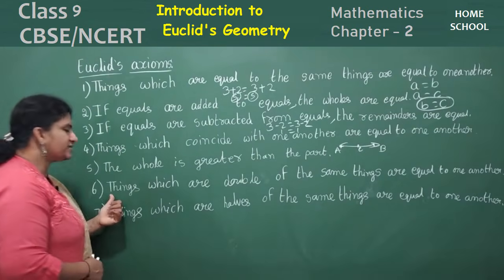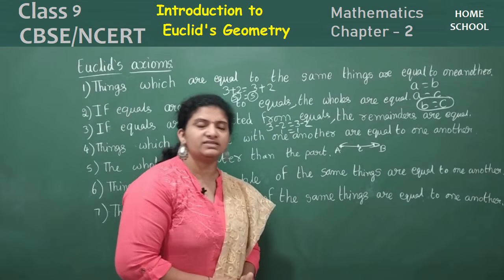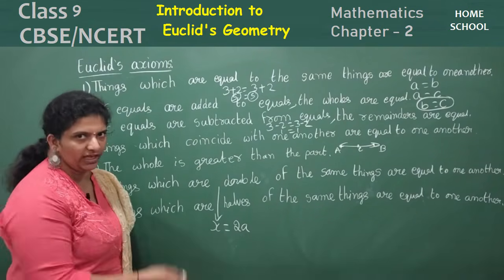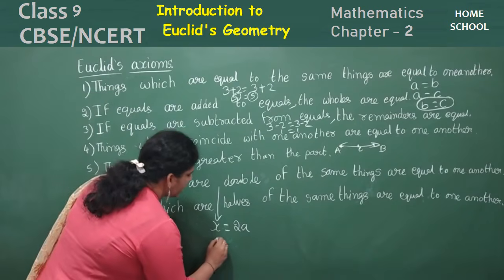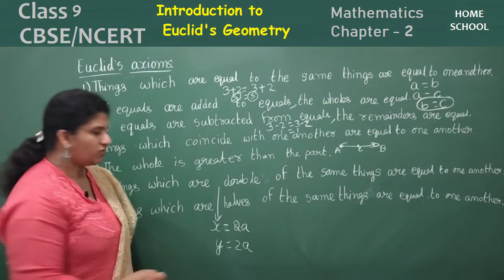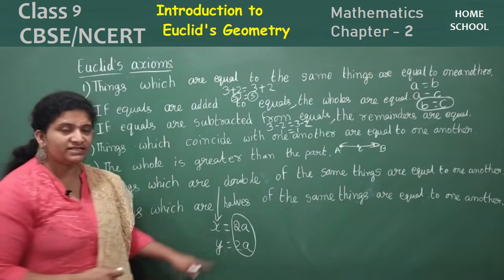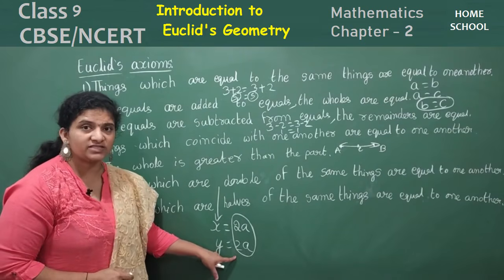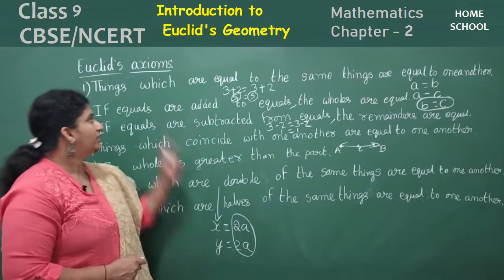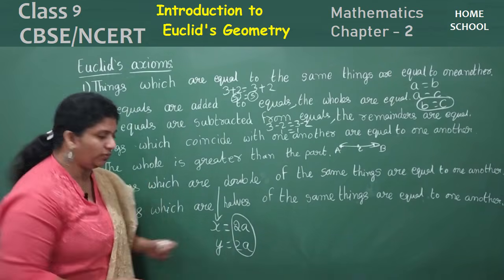Coming to your sixth axiom, things which are double of the same things are equal to one another. Suppose I take x is equal to 2a, and y is equal to 2a, things which are equal to the double of the same thing. So what I can say, according to axiom number 1, these two are equal. Things which are equal to the same things are equal to one another.